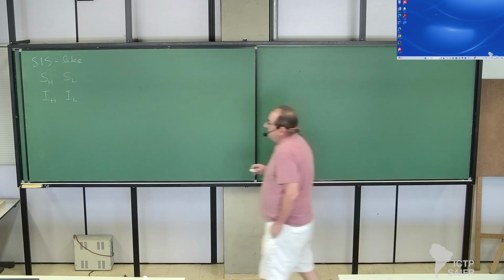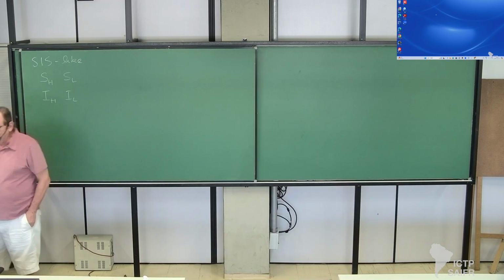And how do we proceed? We will proceed as we have proceeded in all cases. We'll write the equations: we have this here, high risk, then we have this low risk, then we have high risk, and then we have low risk.